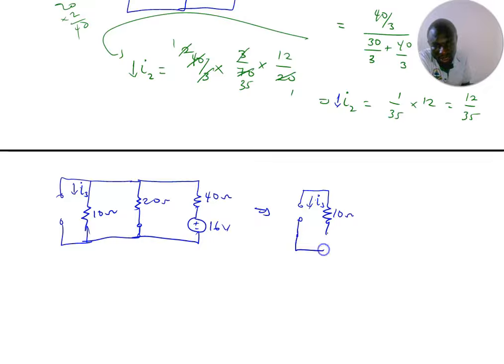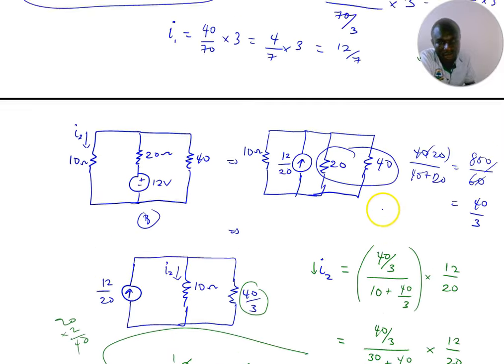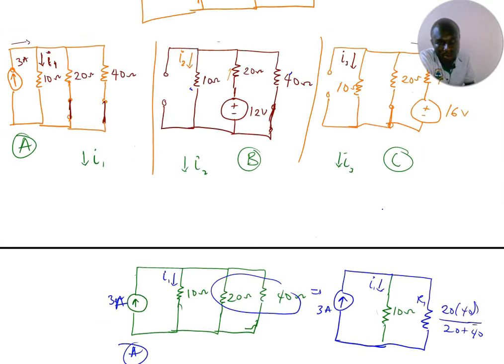Then I have the 20 ohm resistor here, which we short circuited, so it's not needed. Then I apply source transformation. So I have the 40 ohm here, which will be parallel to a current source moving upward like this.